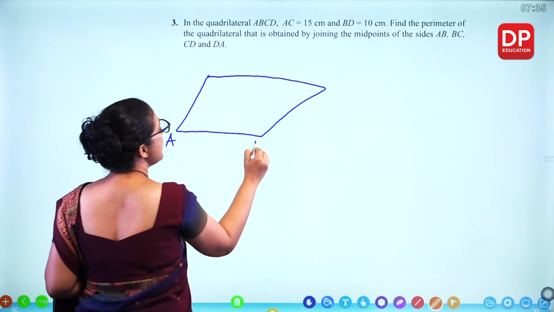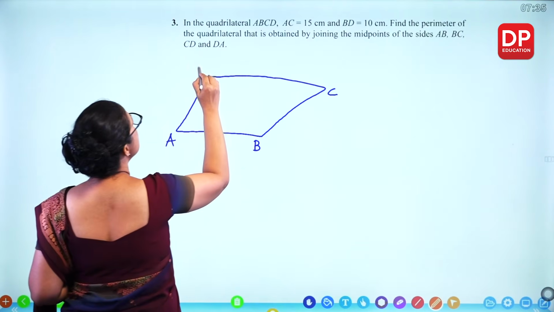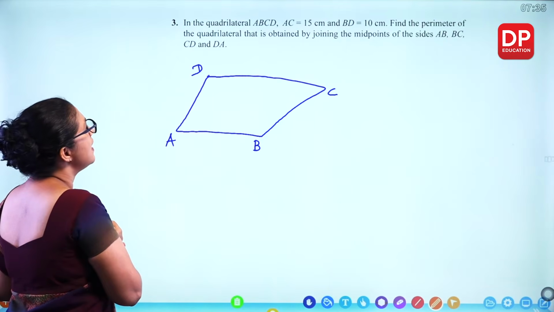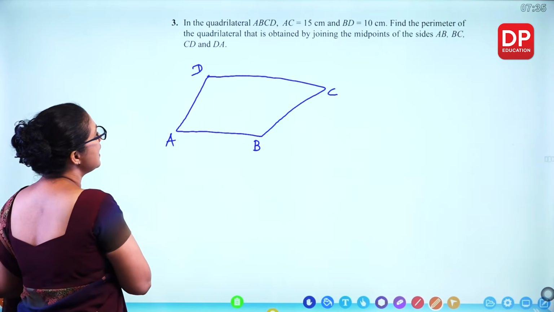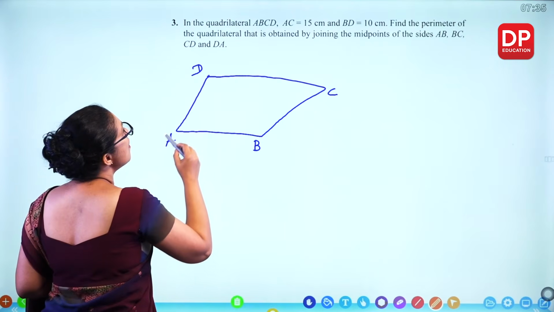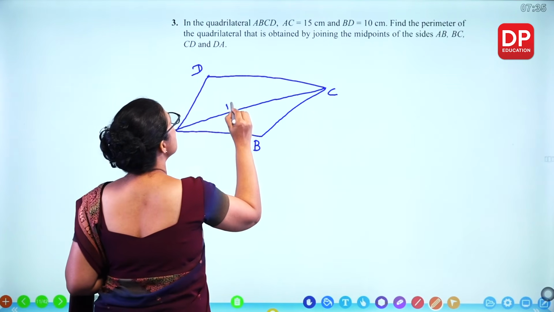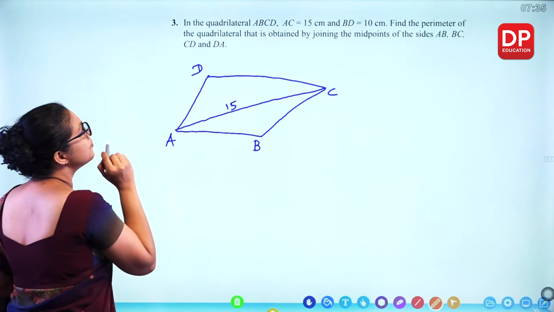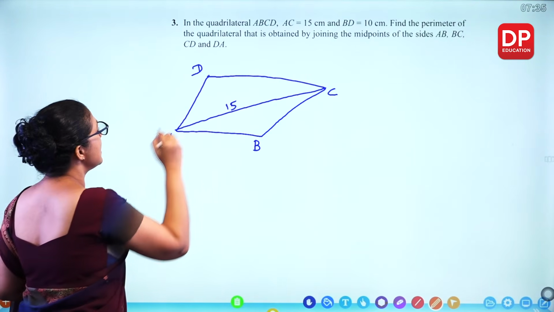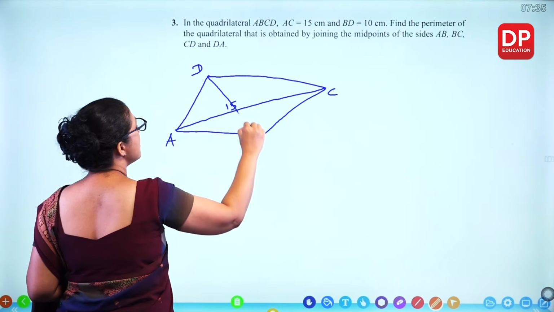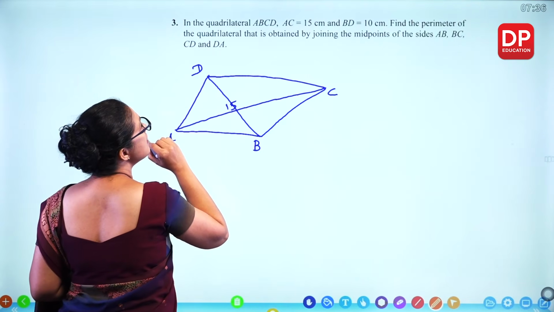A, B, C, D, any quadrilateral. AC is 15. This is 15. BD, this one is given as 10.